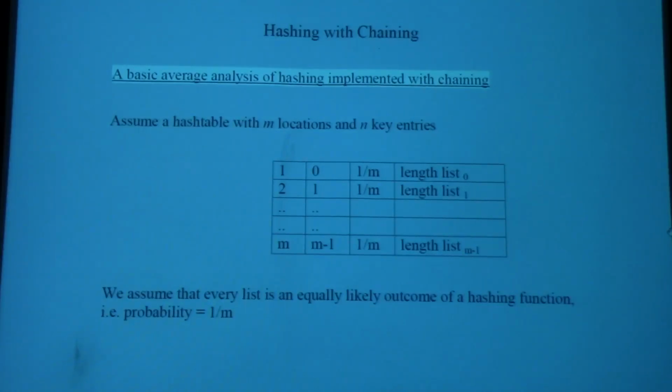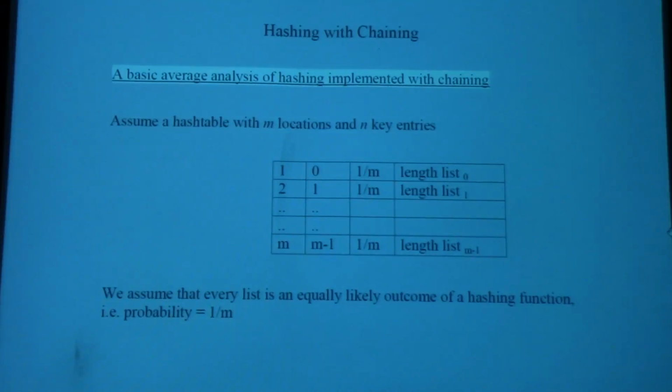We're going to target one of these m chains, assuming the probability is equally likely that a hashing function will determine any one of these chains, giving them the same probability 1 over m.